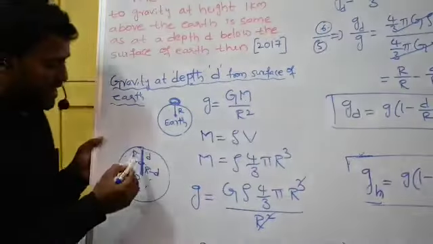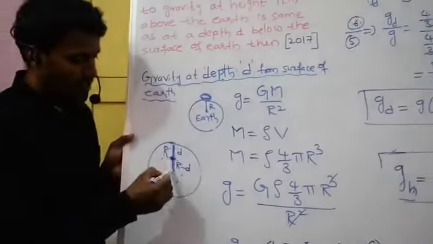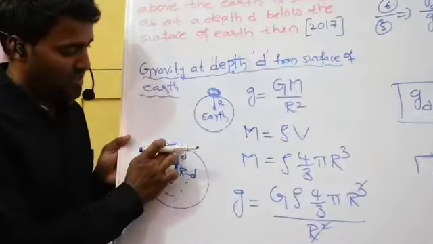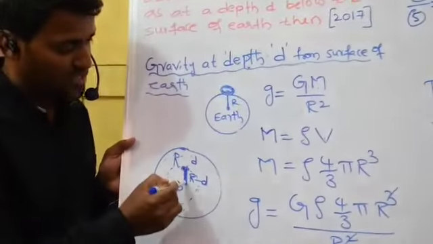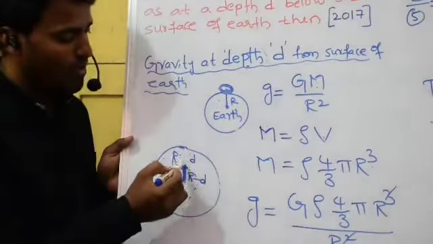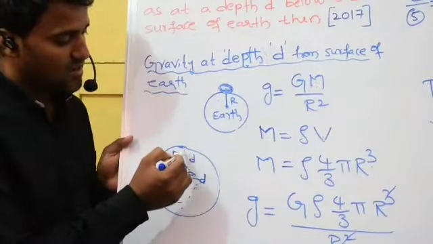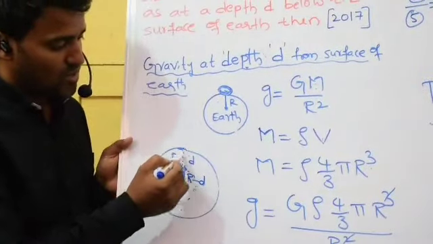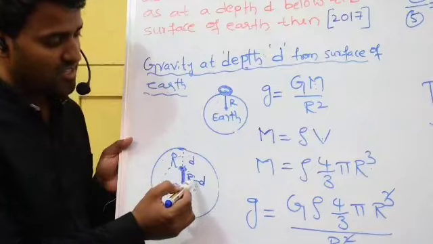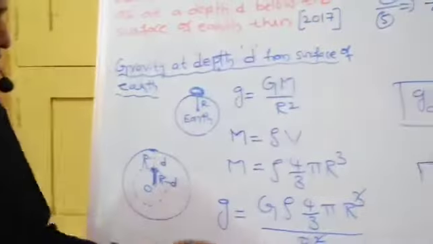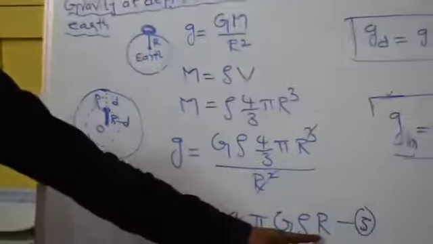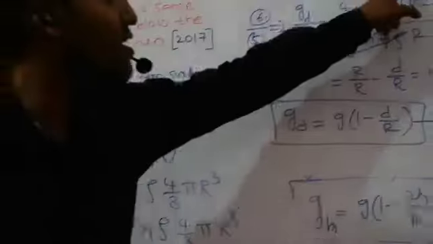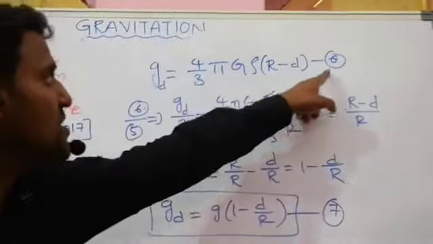Now gravity at a depth d. From here to here the distance is R minus d. The object is at depth d and the total radius is R, so the remaining distance is R minus d. So from this equation, I have written R minus d. It is equation number 6.